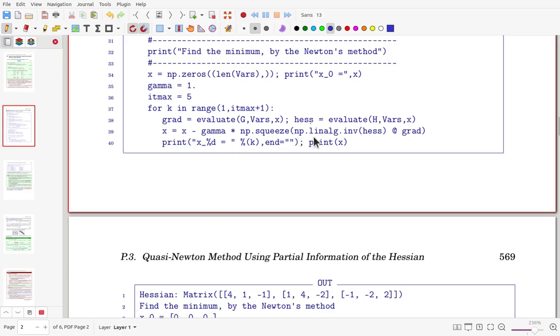Once you do this operation, the result is in fact a two-dimensional array, so the quantity is like a one-dimensional vector but is expressed as a matrix, so by using this squeeze function, you can get the one-dimensional vector.